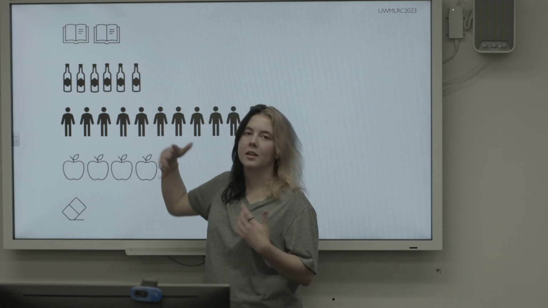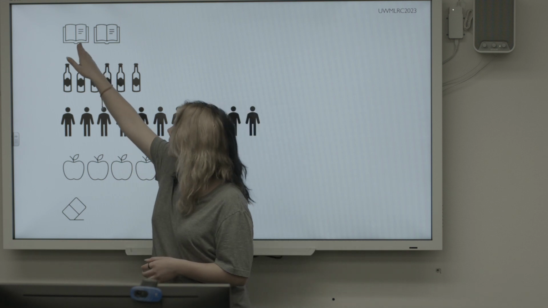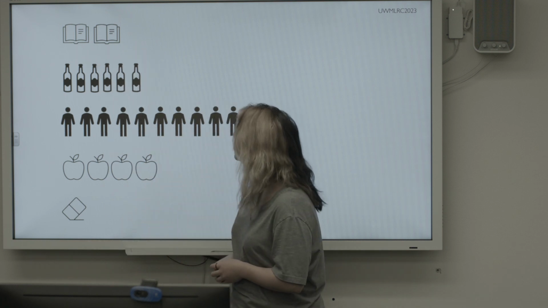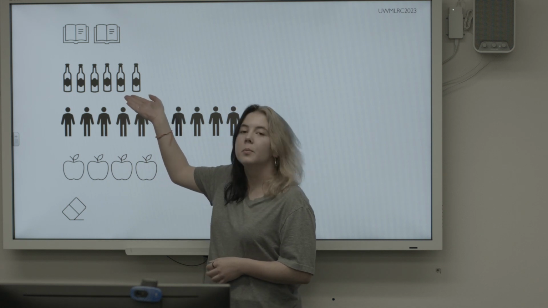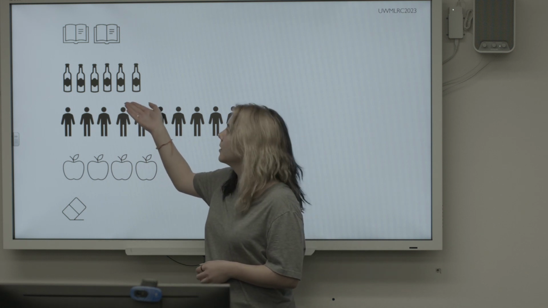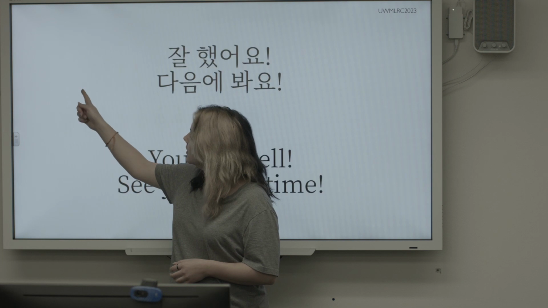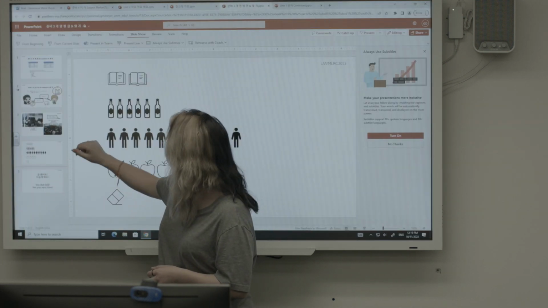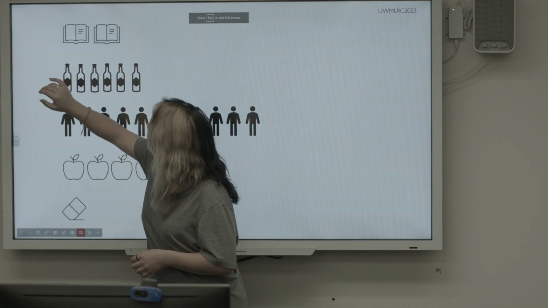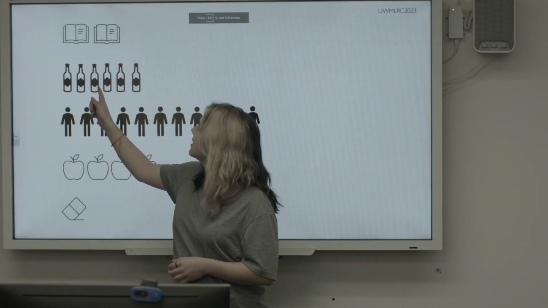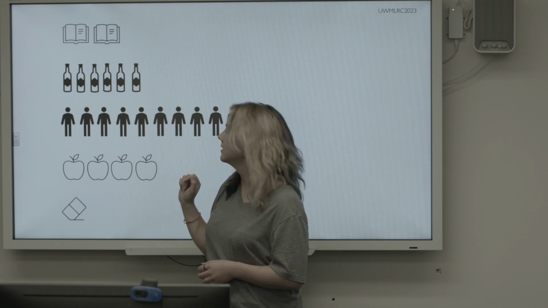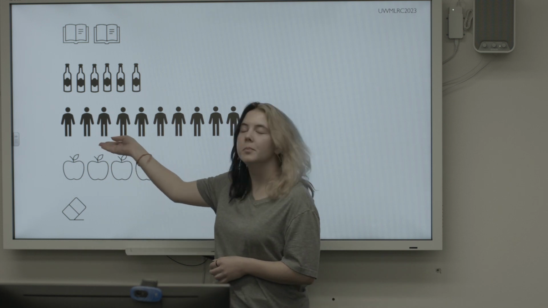Which counter, and how do we count them? 두 권 있어요. 몇 병 있어요? 병 for bottles. 하나, 둘, 셋, 넷, 다섯, 여섯. 여섯 병 있어요. 몇 명 있어요?